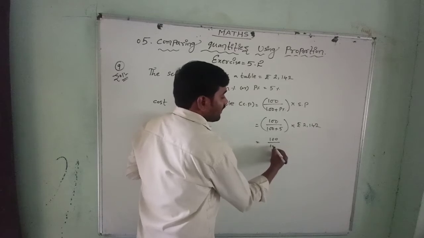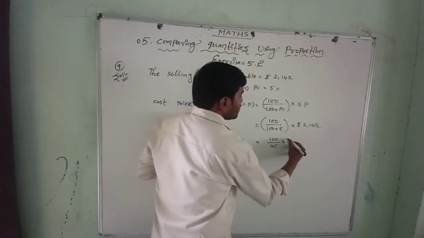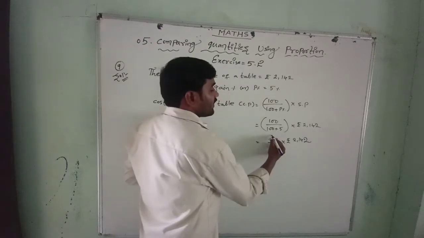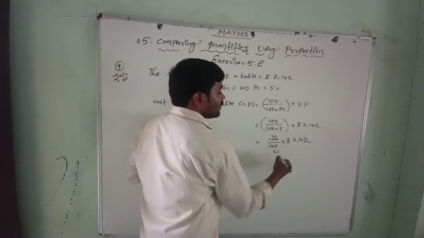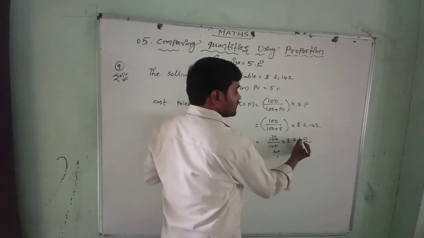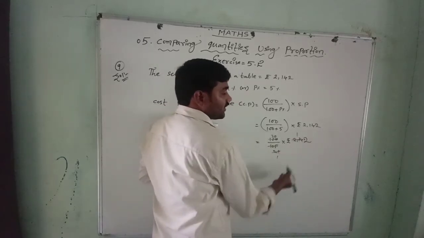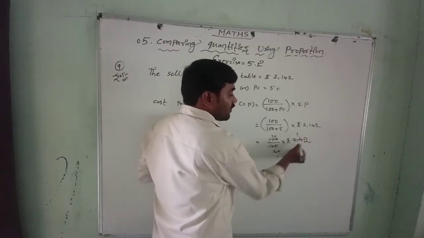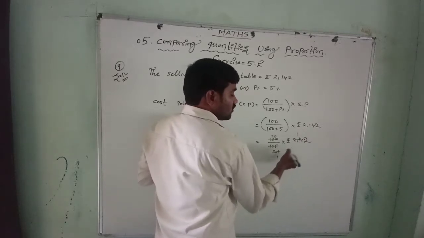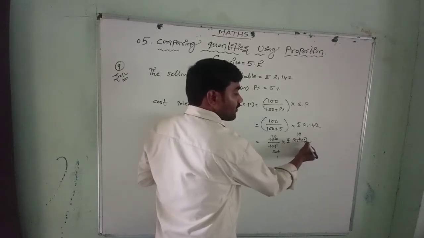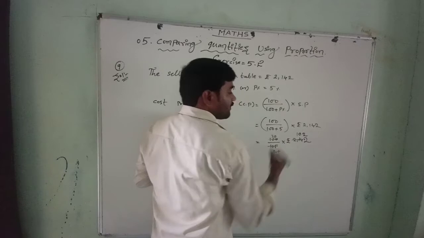Here 5 twenties are 100, and 21 ones are 21. 4 is not possible in the 21 table, so 21 zeros are 0. That means 4 is left, which becomes 42. 21 twos are 42.